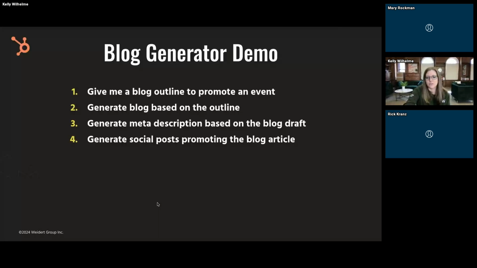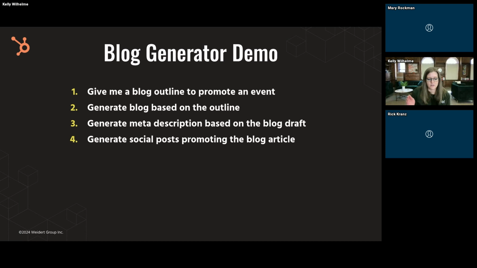I'm going to show you some prompts and some alternate ways that you can do this too. The blog post generator, the literal tool, isn't the only tool that can help with some of these things in HubSpot. You can use ChatSpot and some other things to help you start the blog process, to ideate. So I'm going to show a couple different ways real quick, and then we'll focus mostly on the blog post generator tools to carry throughout.